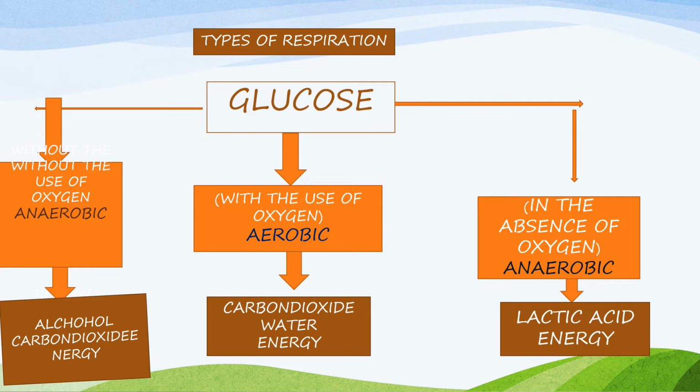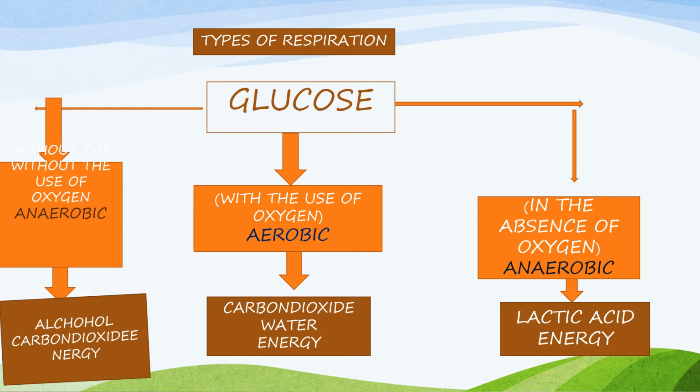Aerobic respiration is with the use of oxygen; carbon dioxide, water and energy are the products. Respiration without the use of oxygen is anaerobic respiration. Alcohol and carbon dioxide are the products, and energy is released.